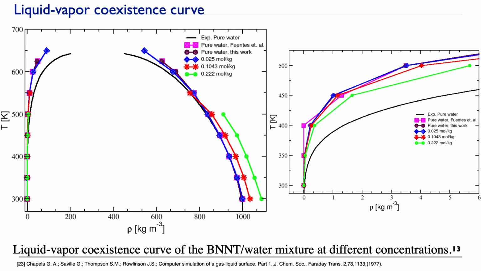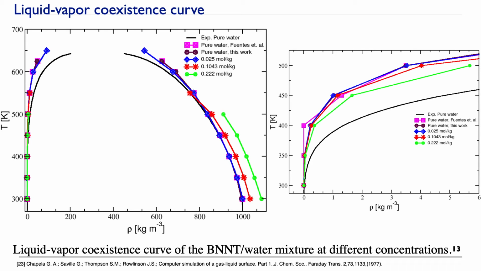So we compared our results for the mixture with these values. The blue curve is for the concentration of 0.028 mole per kilogram, which at temperatures less than or equal to 550 Kelvin is very similar to that of pure water.